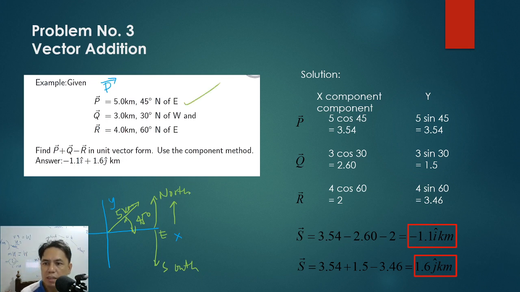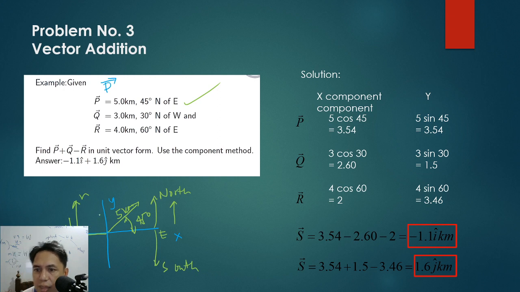Now the Q vector. The Q vector is 3 kilometers 30 degrees north of west. Our concern is west, right? So this is the west, and north of west is here. This is south of west.